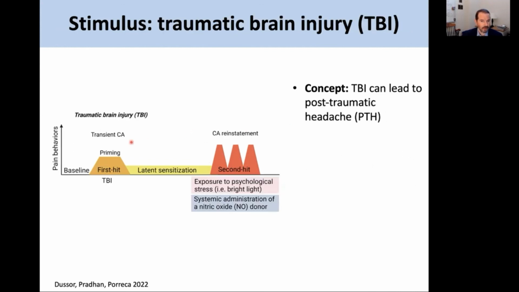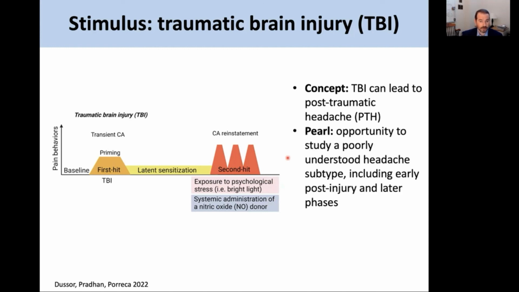Finally, another multi-stimulus model. In this case, the first stimulus would be a traumatic brain injury, some kind of head injury. There's a response to the head injury, the animals recover, there's a latent sensitization phase, but now they're sensitized or primed to a follow-up stimulus that they wouldn't normally respond to. That could be bright light, that could be a nitric oxide donor. So the concept here is that TBI can lead to post-traumatic headache.